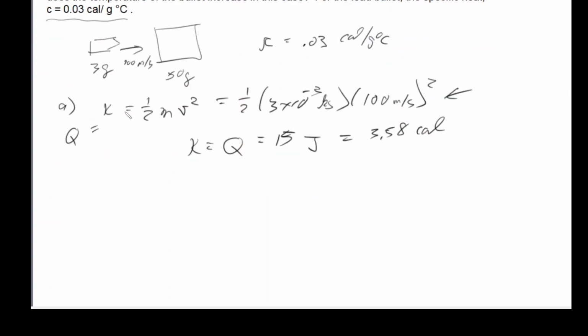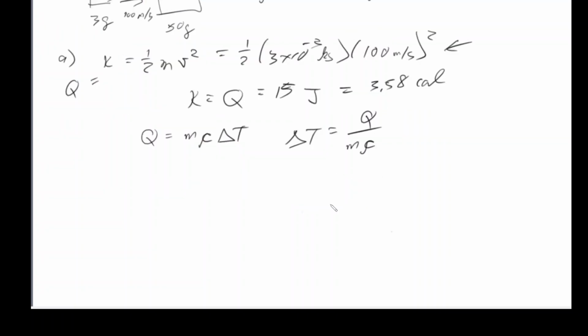So we know that Q is equal to mass times specific heat times change in temperature. And so we're looking for the change in temperature of the bullet. So if we solve for delta T, that's equal to Q over mass times specific heat. So we can substitute these values in to get the change in temperature of the bullet.